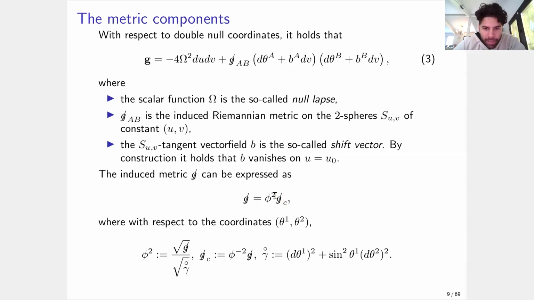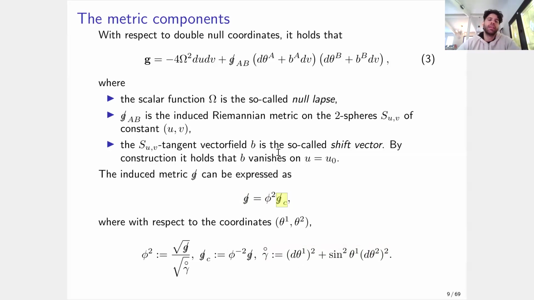And this guy here is what we call the conformal factor. Again, this is a metric conformal to the original one, so it doesn't have to be the unit round metric with respect to these coordinates, but it is conformal to the original one. But what you know about this is that this guy has exactly the same volume form as this one.